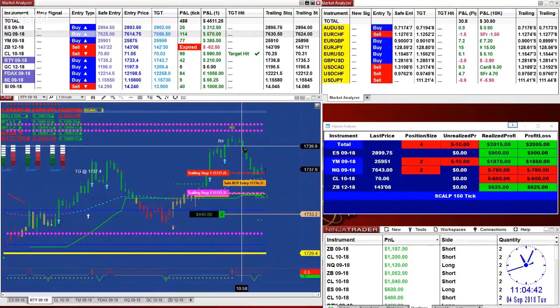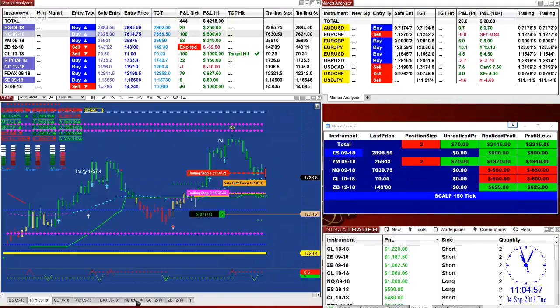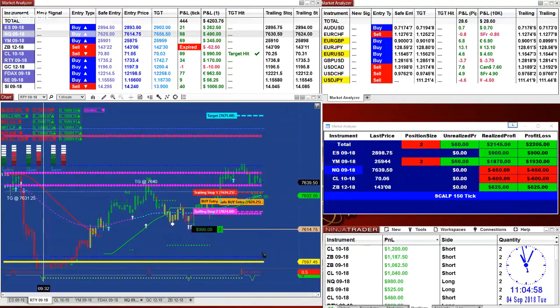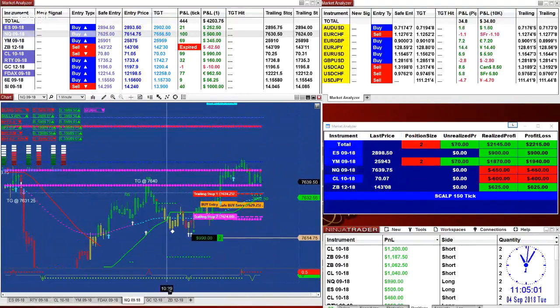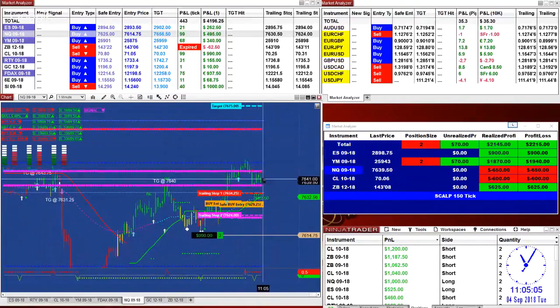So let's go back to what I was going to do. Let me look at this one. Let's look at the NASDAQ. You see where this NASDAQ is getting stuck?